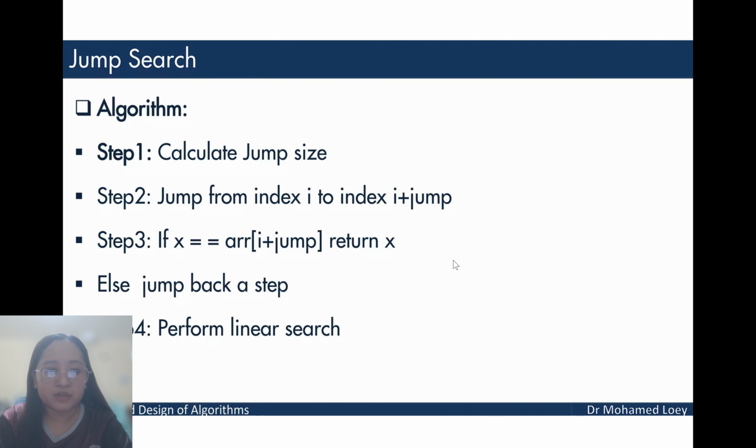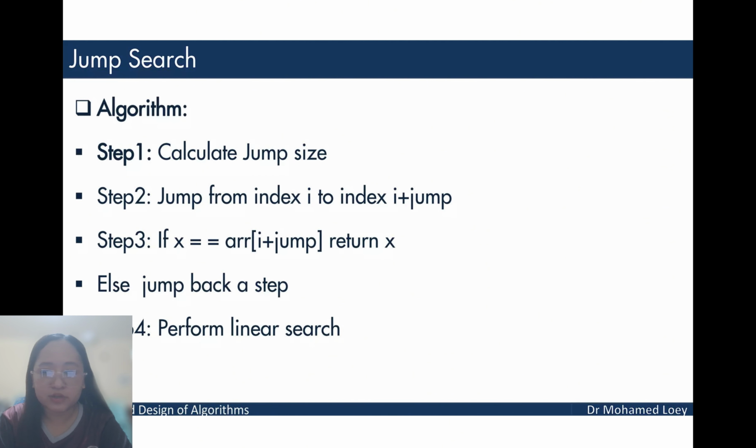So this is the algorithm. For step one, calculate first the jump size. Then step two, jump from index i to index i plus jump. For the first step, we choose a jump size, which is usually the square root of the array size.